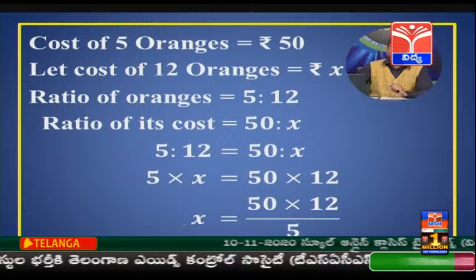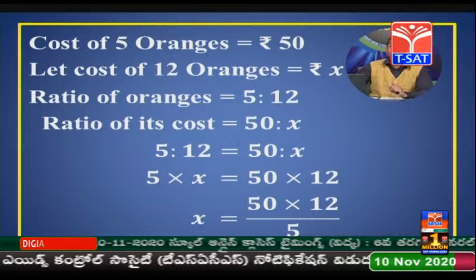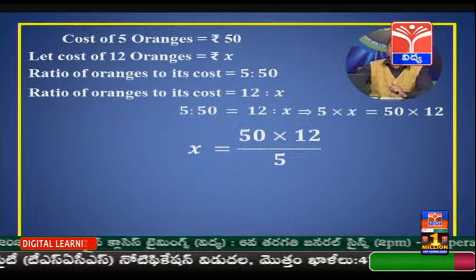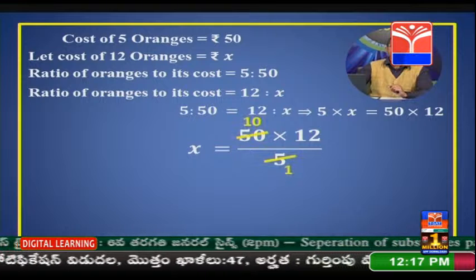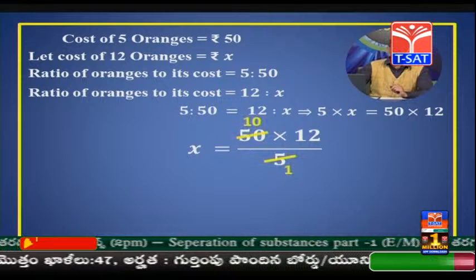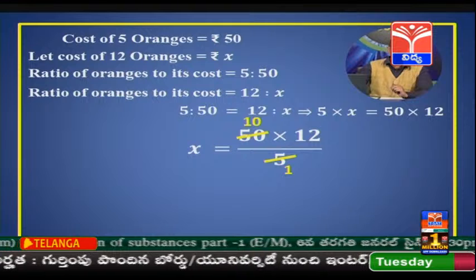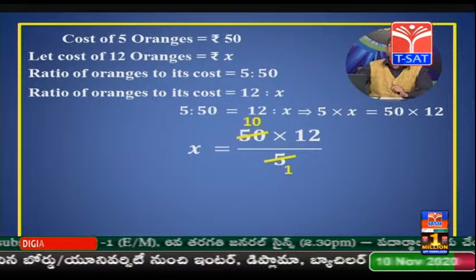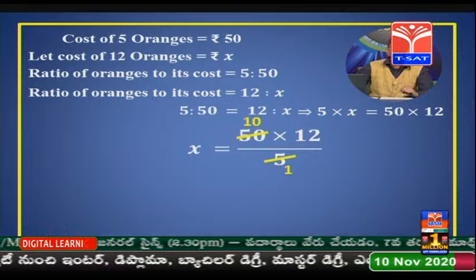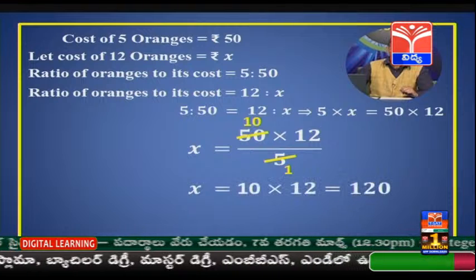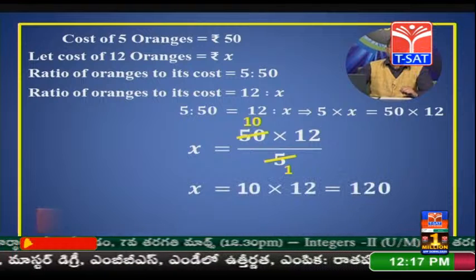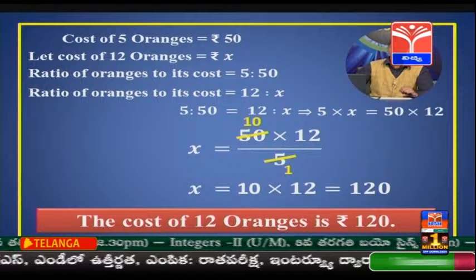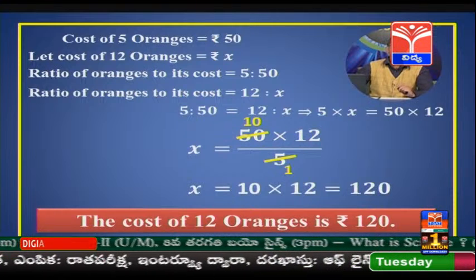Yes, x is 50 into 12 by 5. Now, let us simplify this. 5 goes 1 time and in 50 it goes 10 times. So, what is left now? 10 into 12. Now, what is the value of 10 into 12, children? That is right, it is 120. Therefore, we can say the cost of 12 oranges is 120 rupees.